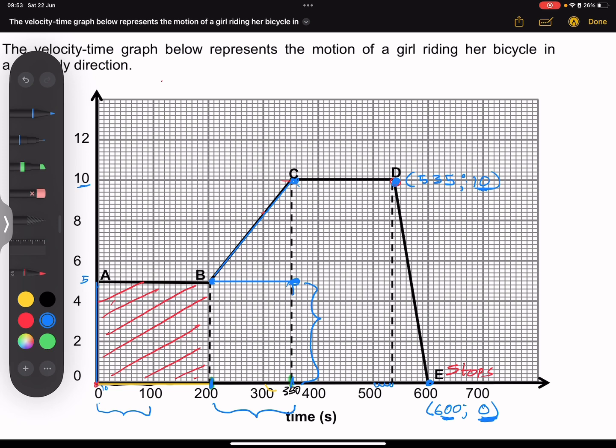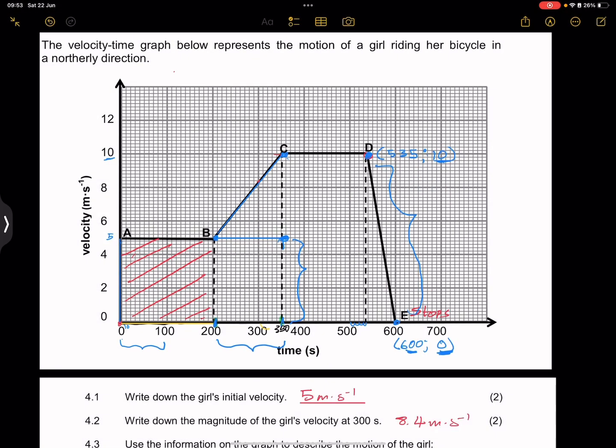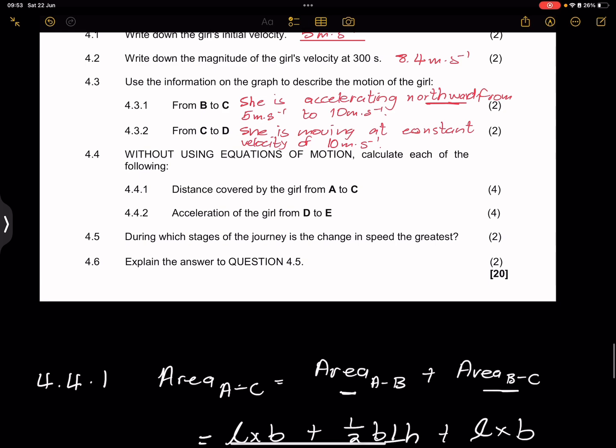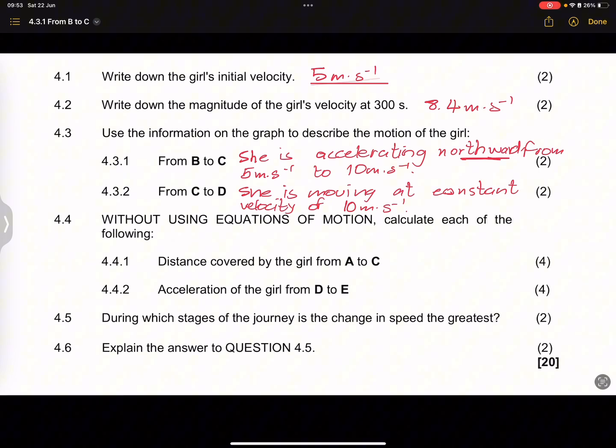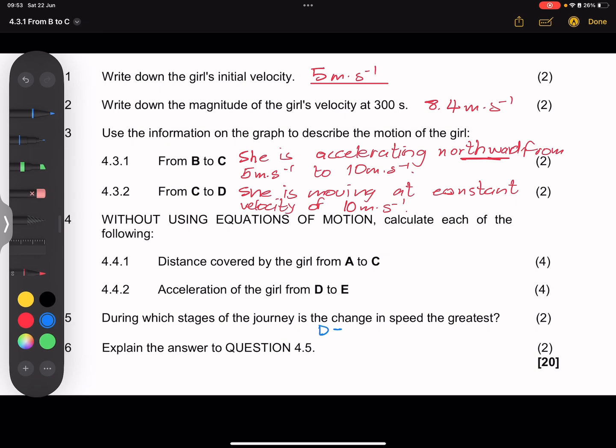So this is where we experience the greatest change in the speed. So during which stages is the change in speed the greatest? It's during stages D to E.